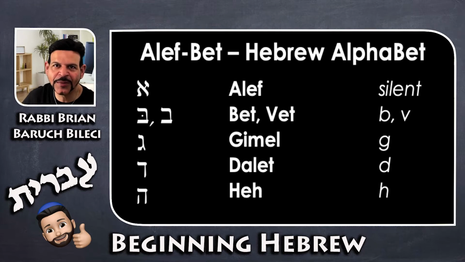Now, what's so great about Hebrew is as we kind of take our first breath and kind of relax a little bit, I want you to notice how the Aleph, being the first letter in the list of the Aleph Beit, is silent. That means it can have multiple sounds. And when we get to vowels, we'll talk about that. All right? So the Beit has a dot in the center called a dagesh.